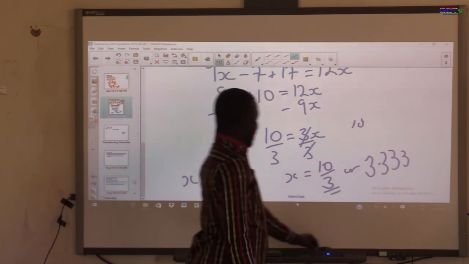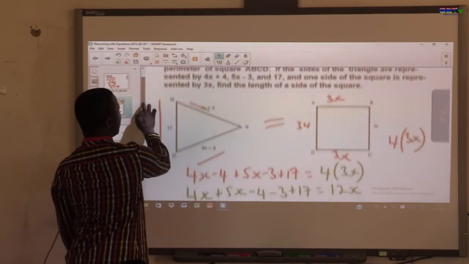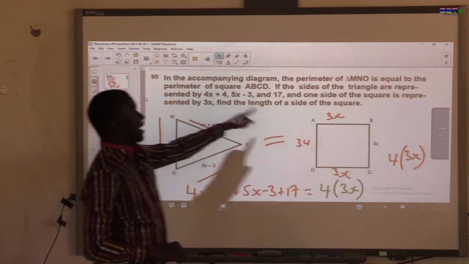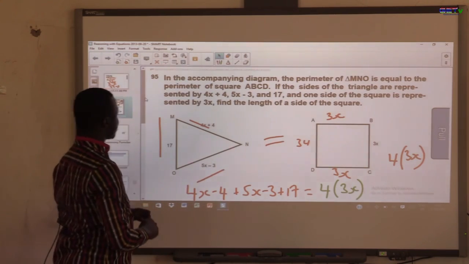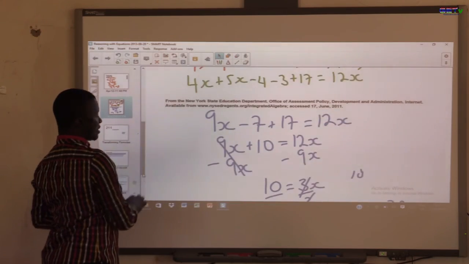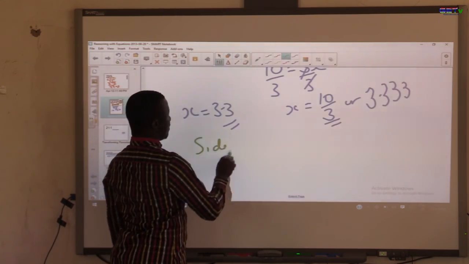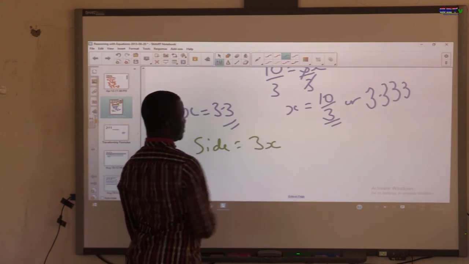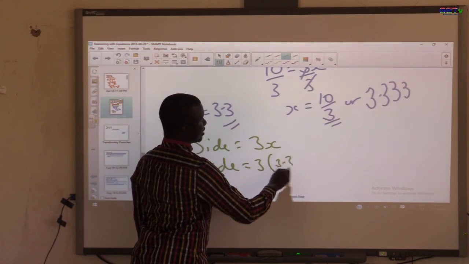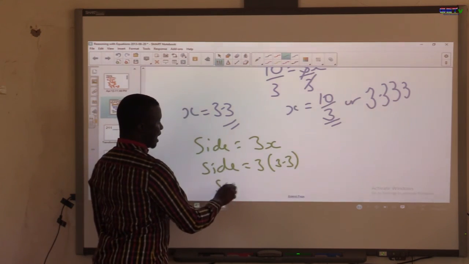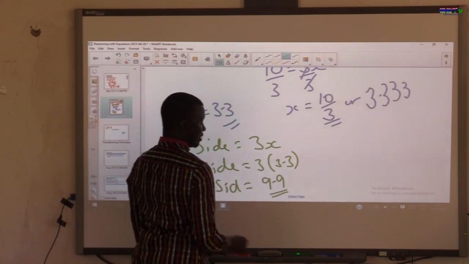And the question says, find the length of the side of the square. If x is 3.3 and the side of the square is 3x, then the side will be 3 times 3.3. So the side of the given square will be 9.9.